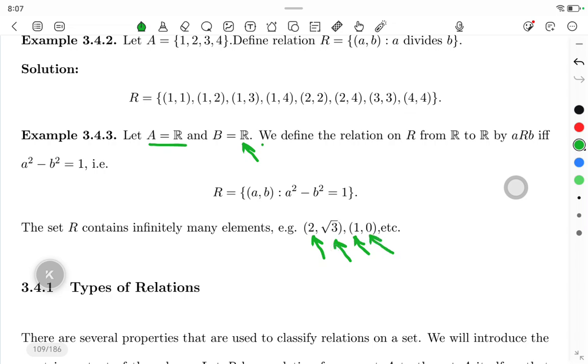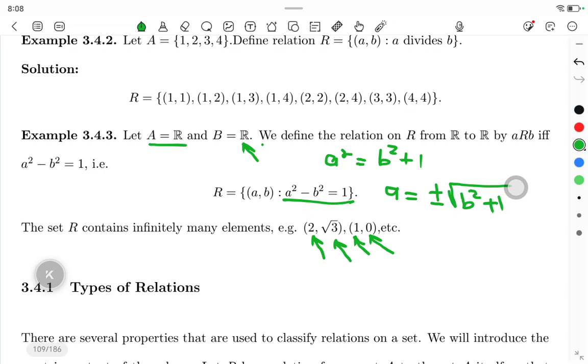Now, when I'm going to find these numbers, what I can do is make A the subject of the formula. You see, right? Then we know that A will be equal to plus or minus root of B squared plus 1.